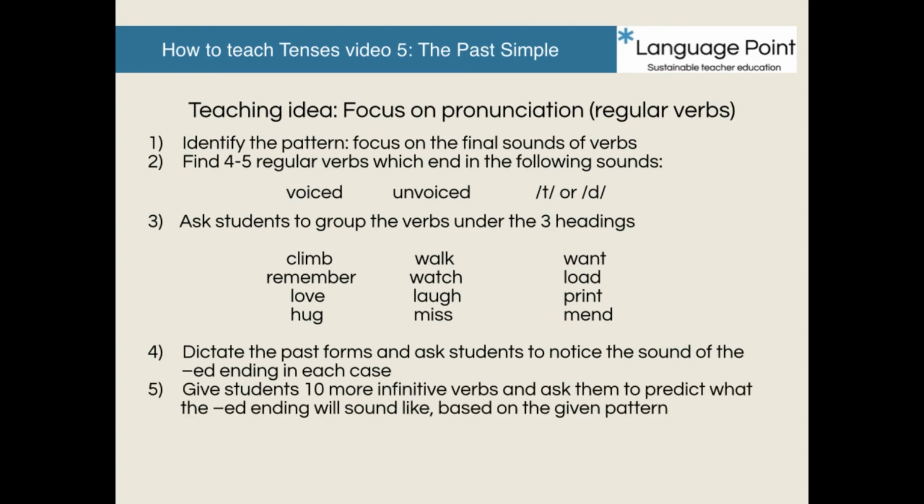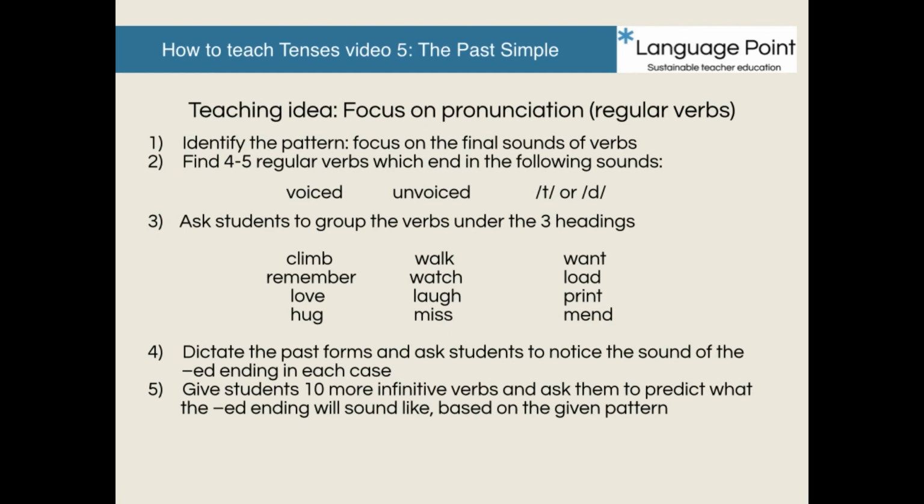And the students can take 10 more infinitive verbs, and then once they've identified the pattern, which is a voiced ending on the verb, leads to a voiced ed ending. So an m sound on climb is followed by a d, so climbed. An unvoiced k is followed by an unvoiced t. And then want cannot be followed by another t sound because want is strange. So we need to add that syllable to make wanted. So it's an id ending.